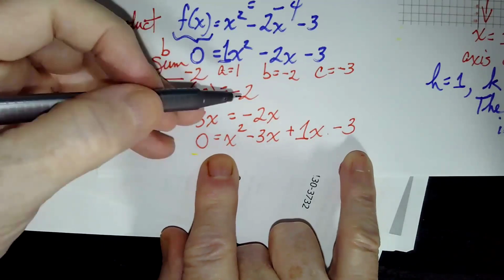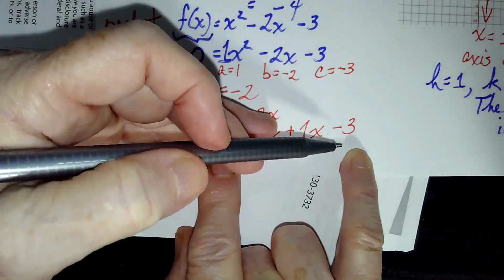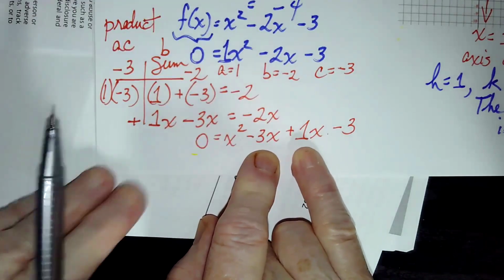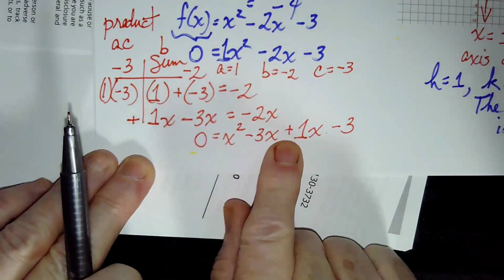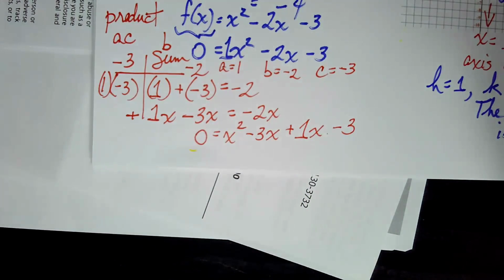So the x squared term stayed, the c term stayed, but the b term became 2 terms. And the middle sign is positive. It is fine if the middle sign is negative, but it's a little extra work.